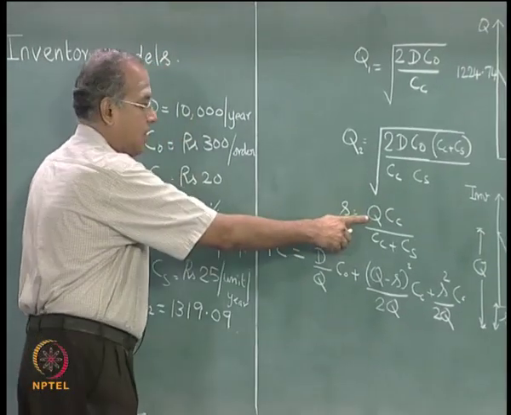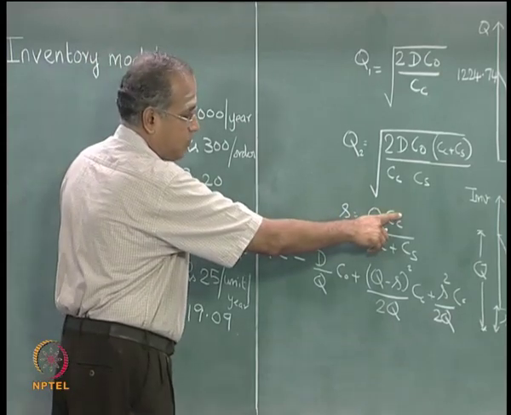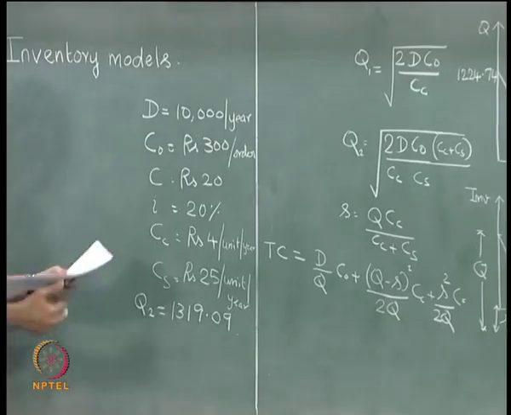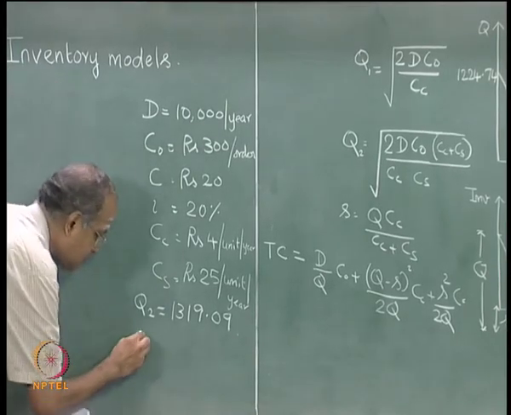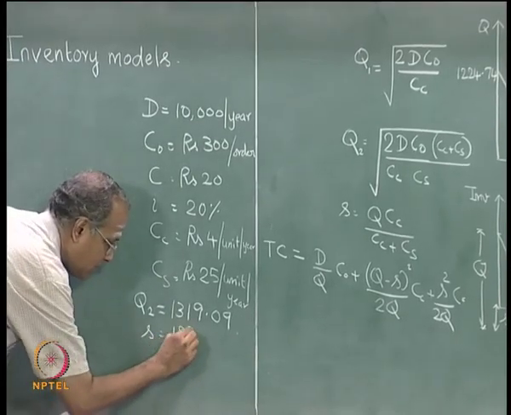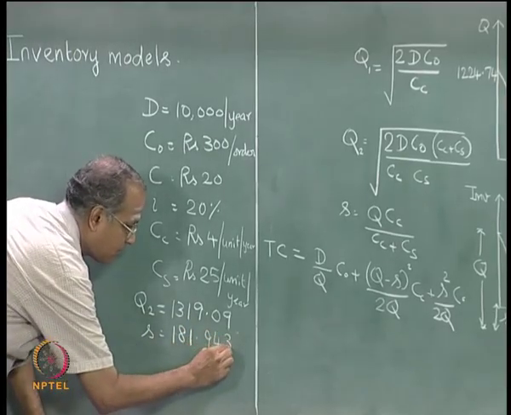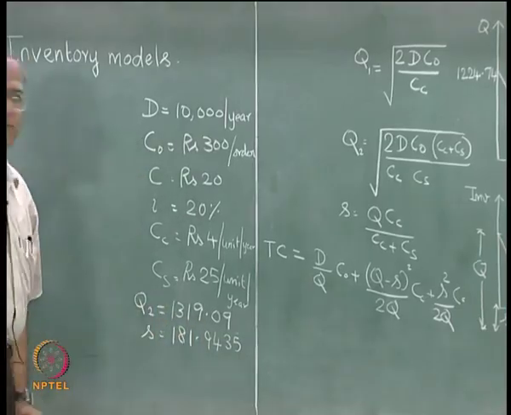So, this is 1319.09 into 4 by 4 plus 25. So, into 4 by 29 would give us S is equal to 181.9435. That would give us this value.